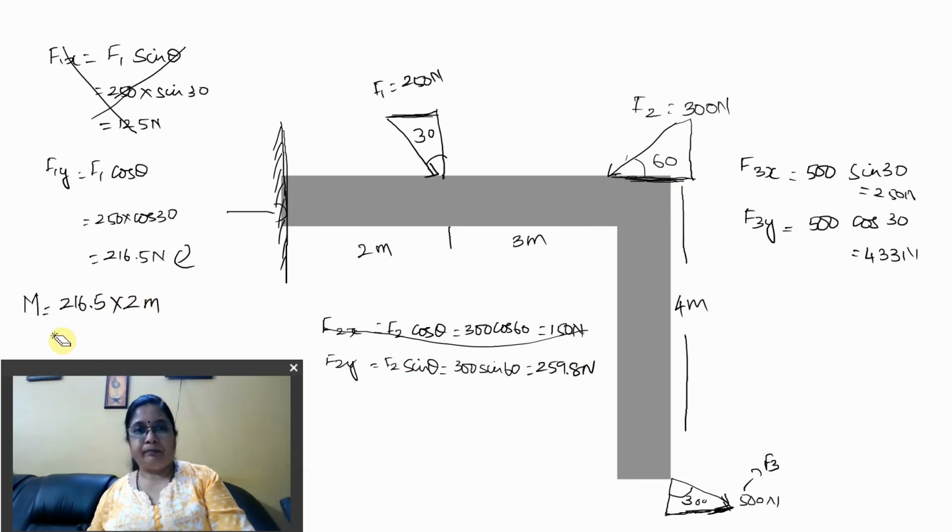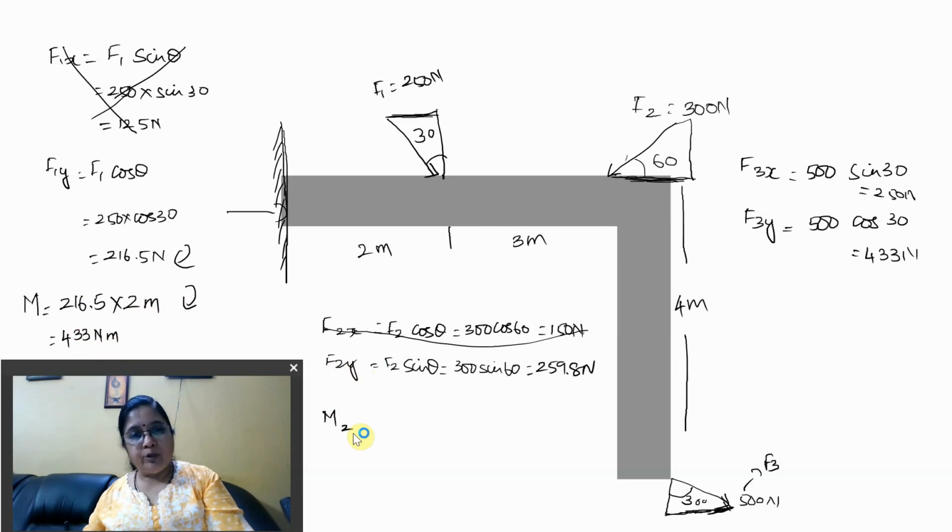Let us find this out. 216.5 into 2, I have 433 Newton meter.